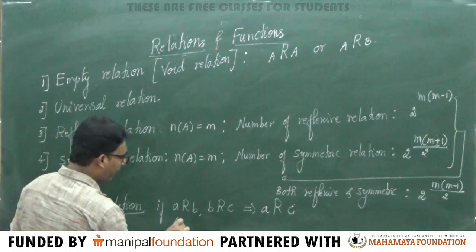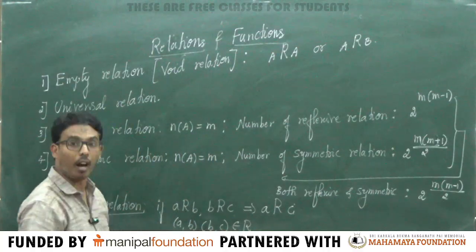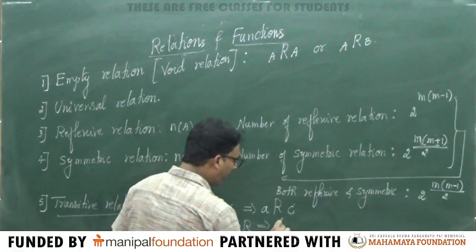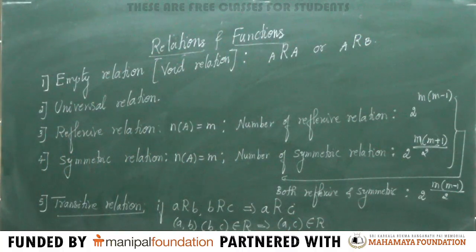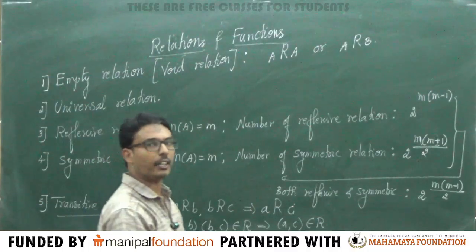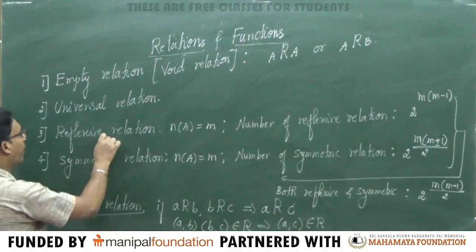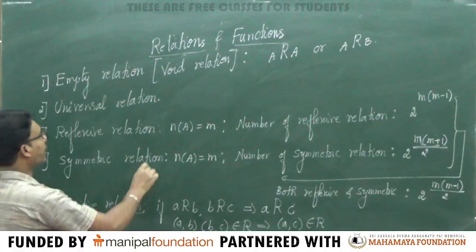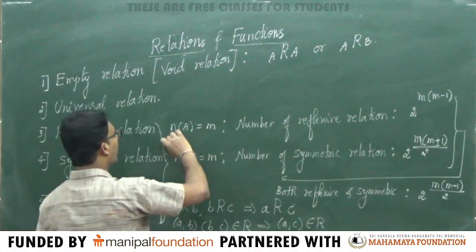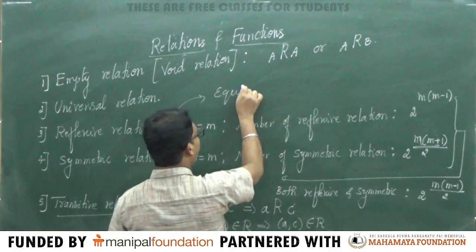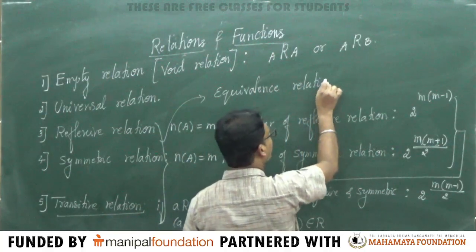That means if the ordered pairs (a, b) and (b, c) are already present in the relation R, which implies that the ordered pair (a, c) is also present in the relation R, then we will say that the relation R is transitive, otherwise it is not transitive. If the relation is reflexive, symmetric and also transitive, that is, it satisfies all three, then that relation is called an equivalence relation.